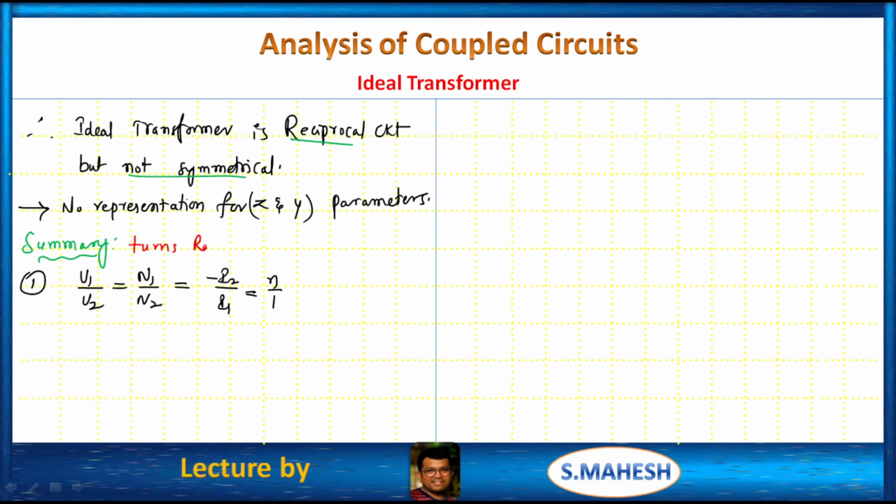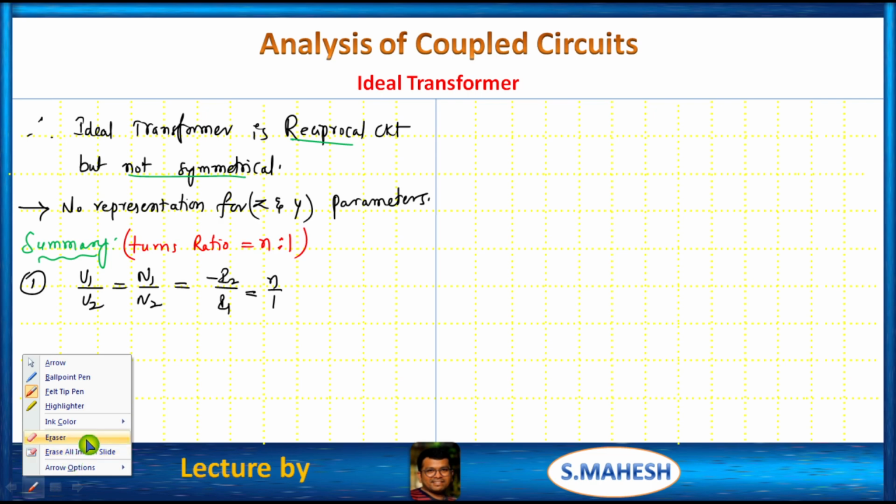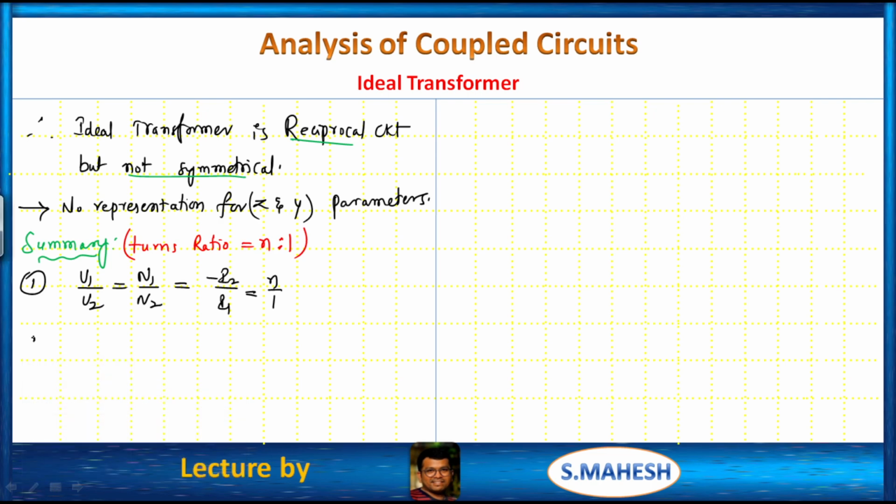Considering the turns ratio is N is to 1. Okay. Second observation: the input impedance equals N square into the impedance of the secondary.